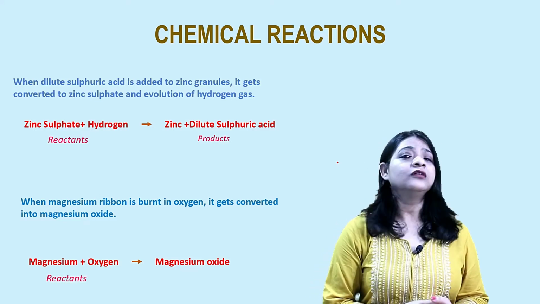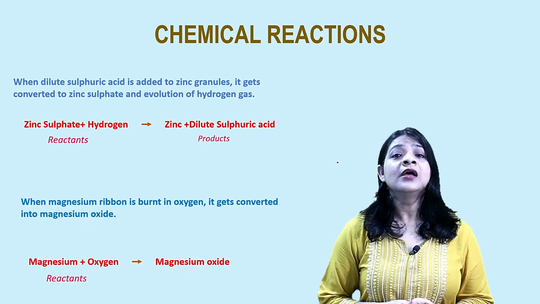So here also the left hand side of the arrow indicates the reactants and the right hand side of the arrow indicates the products.